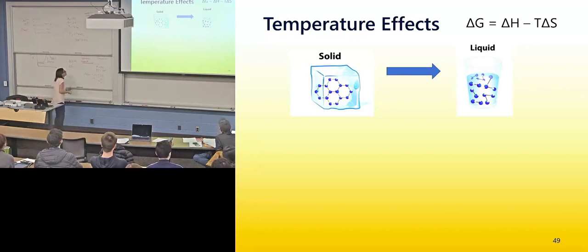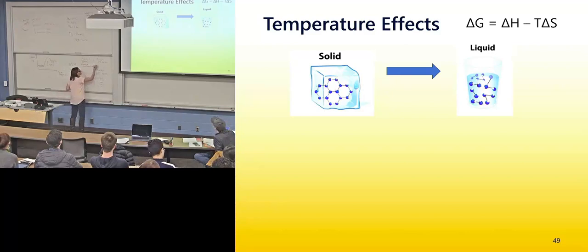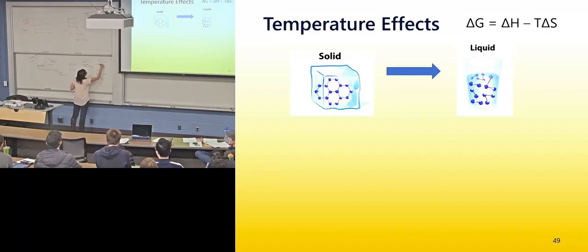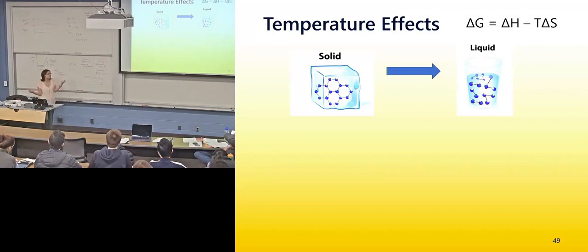So for positive delta H and positive delta S, this is spontaneous as T gets sufficiently large, right? Raise temp high enough, this would become spontaneous. In this case, we know what T we need to go above to get ice to melt.